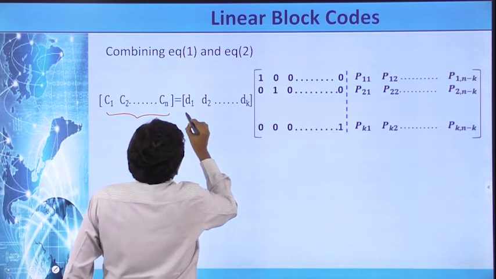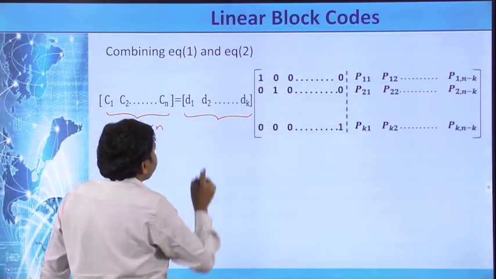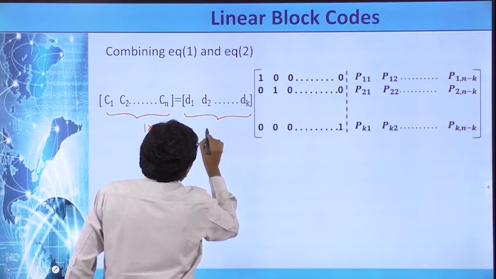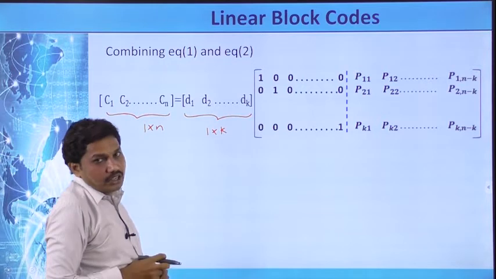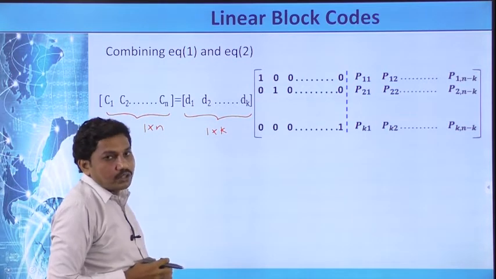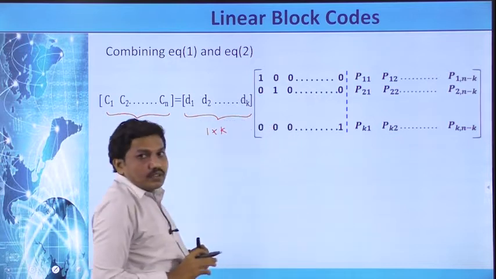The first k bits are our message bits, so the order of this matrix is 1 by k, that means 1 row, k columns. Now, what is the order of this matrix?